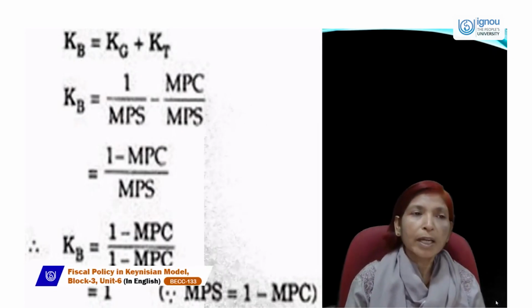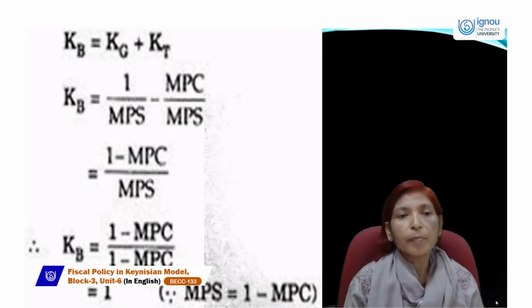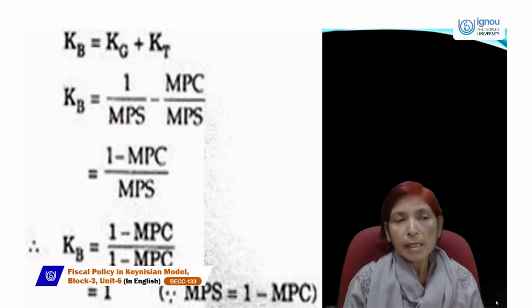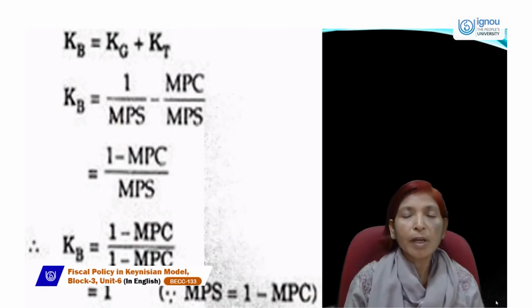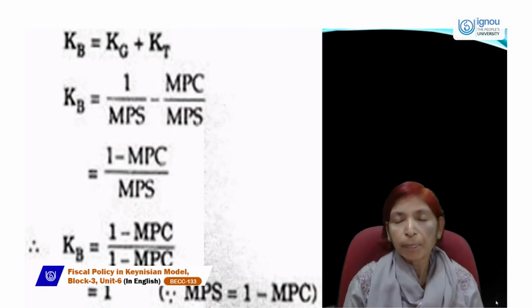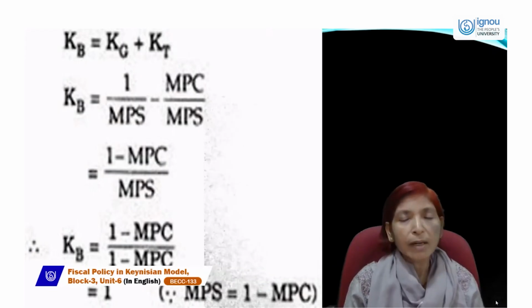And KB we can denote by 1 upon MPS, because its formula is 1 upon 1 minus MPC, and 1 minus MPC is always equal to MPS. So we can write 1 upon MPS plus tax multiplier formula, minus MPC upon MPS.